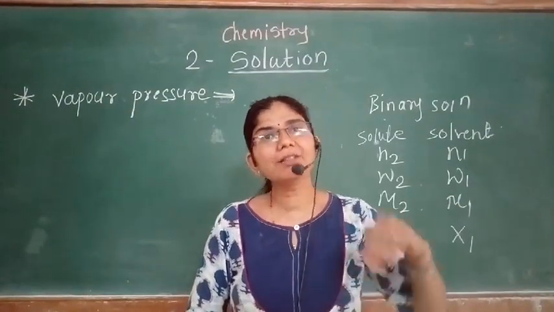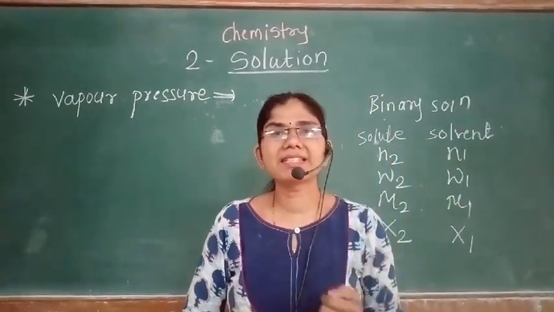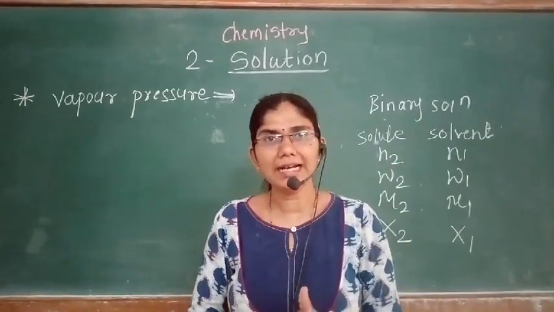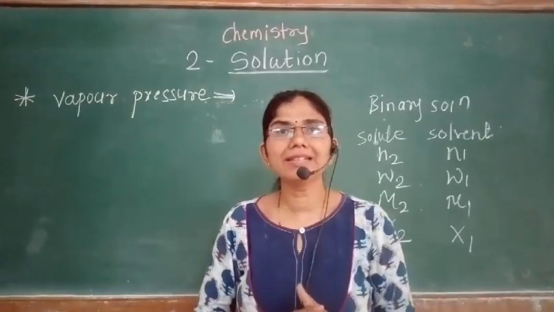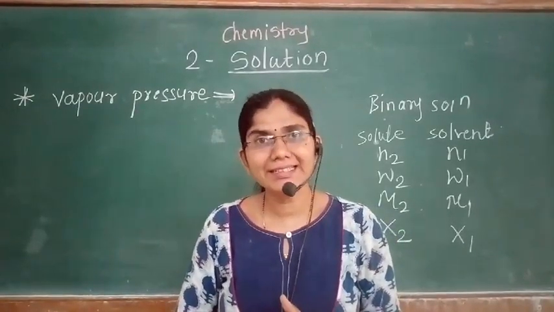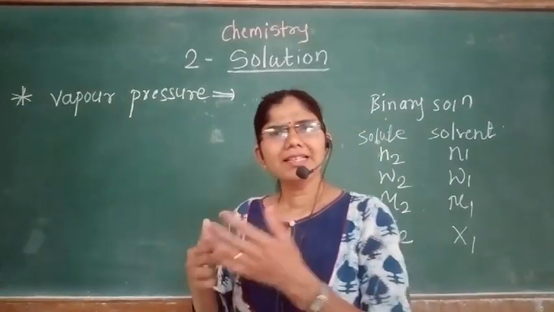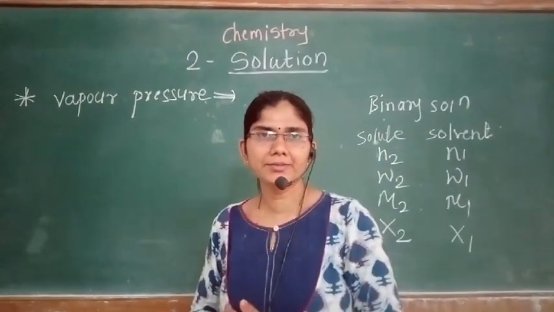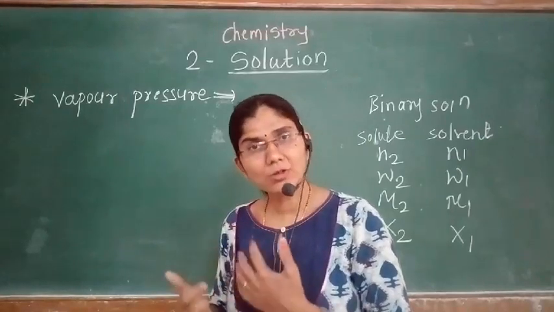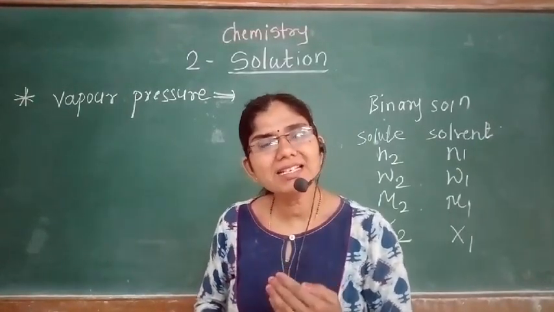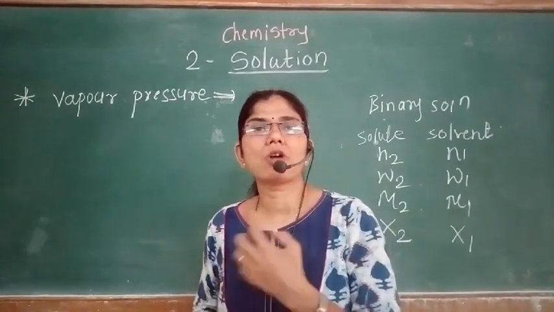They readily go into the vapor state, the gaseous state, because they are liquids, and as we know, liquids have a tendency of volatility, meaning to go into the vapor state. In a less volatile liquid, the intermolecular force of interaction is relatively strong.